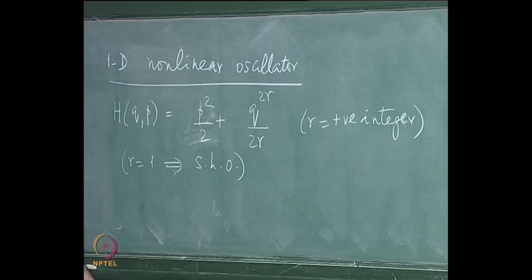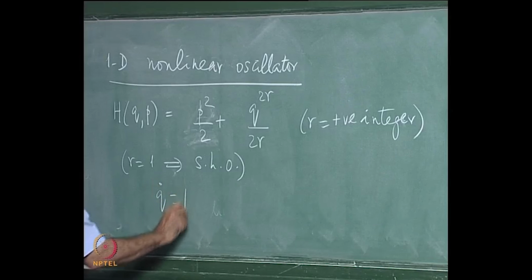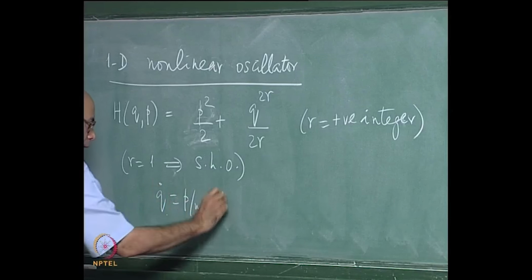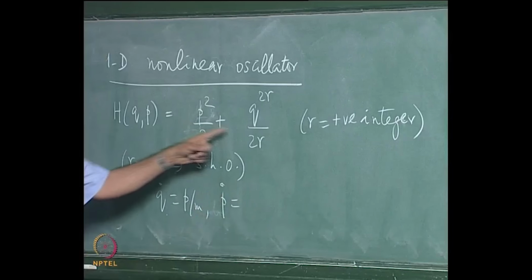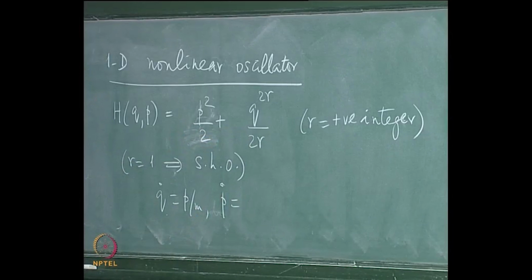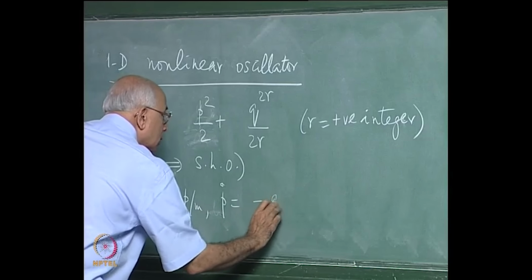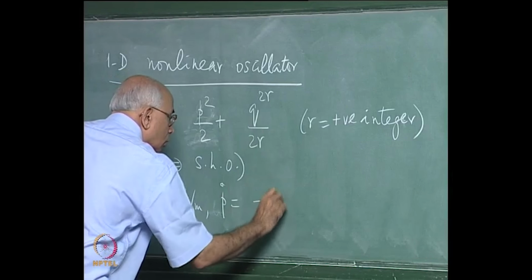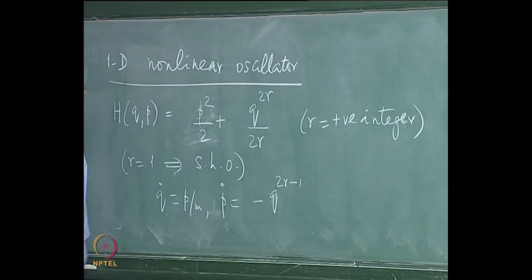Well, we could write the equations of motion down immediately, and what would they be? As before, q dot is p over m and p dot is minus delta H over delta q, so this would be equal to minus q to the 2r minus 1, since the 2r cancels.